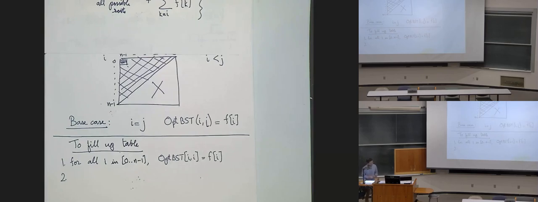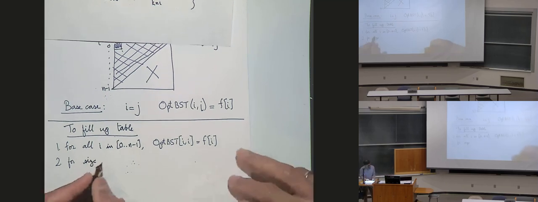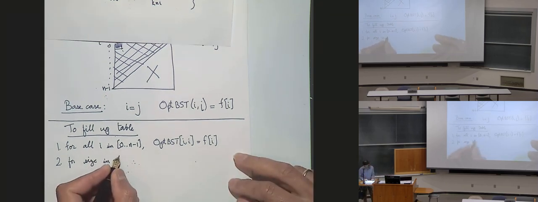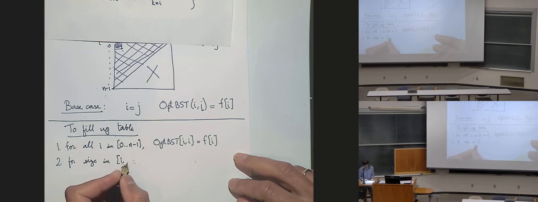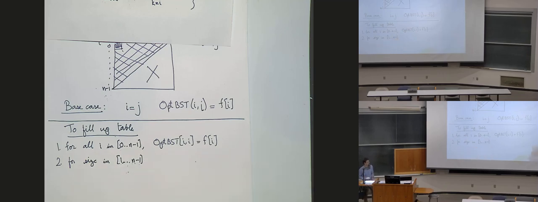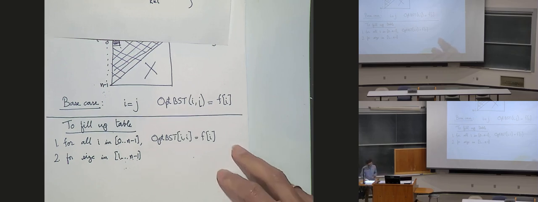So I'll just write this out. I'll say for the size, because really you're looking at the size of the universe. The size will go from 1 to n minus 1. I'm going to be a little careless with the indices here, because I don't want to focus too much on exactly how I set up the index, but rather just understand how the table works.